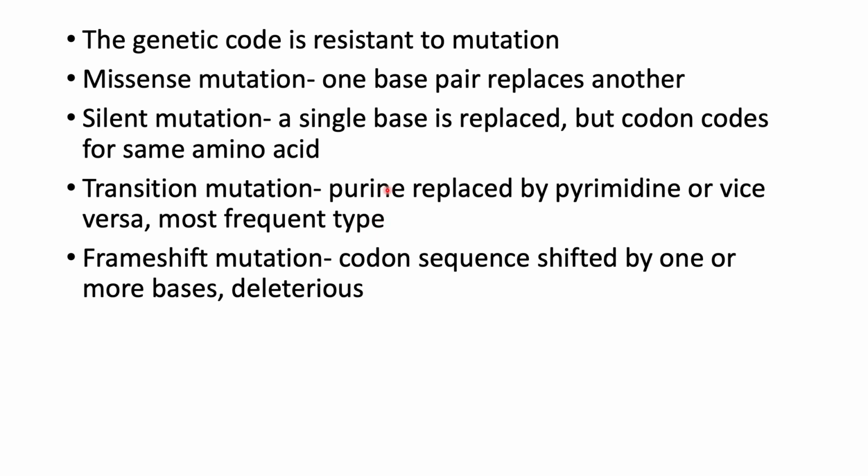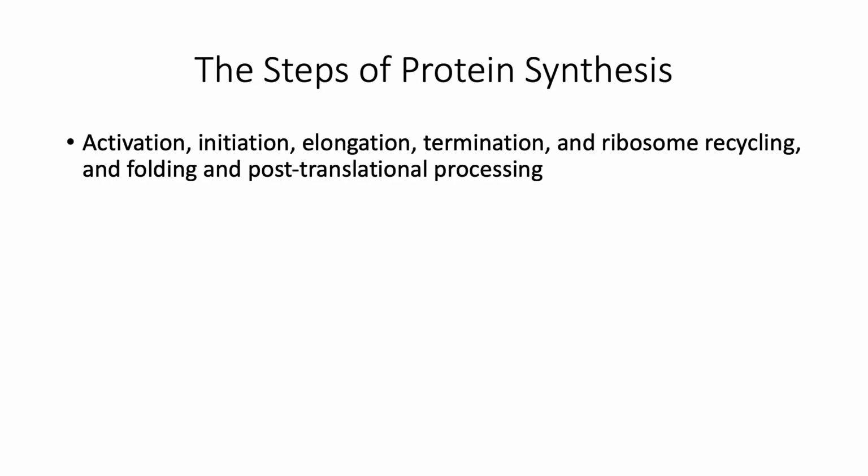So AG is replaced by CU in this situation, or vice versa. Frame shift mutations, where the codon sequence is shifted by 1 or more bases, and it's deleterious because the proteins are completely different, and you do not get any productive activity. If you have premature generation of a stop codon, that additionally would stop it as a frame shift mutation.